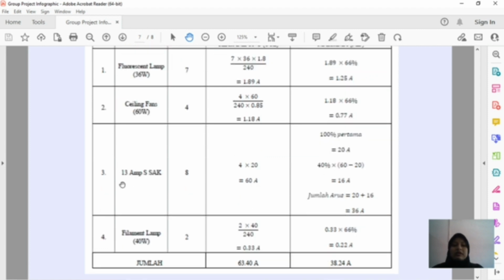Third is the 13 A socket outlet. The total number of socket outlets in the house is 8 units.